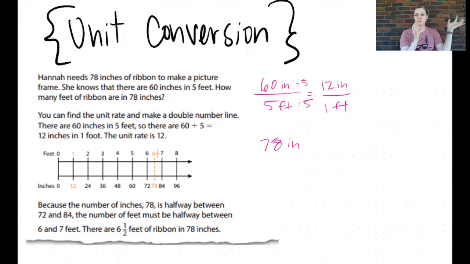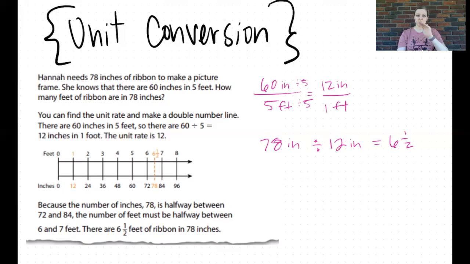So if I'm going from this bigger number and I'm trying to go to a smaller number that's a bigger unit, I know that's kind of hard to think about, right? But it's a bigger number, lots of inches in the 1 foot. So I actually am going to divide. There's 78 inches divided by the 12 inches in 1 foot. If I divide that, I would get 6 1/2, right?